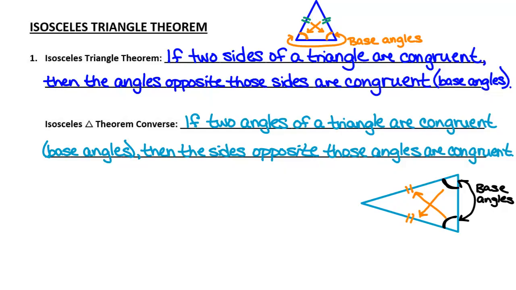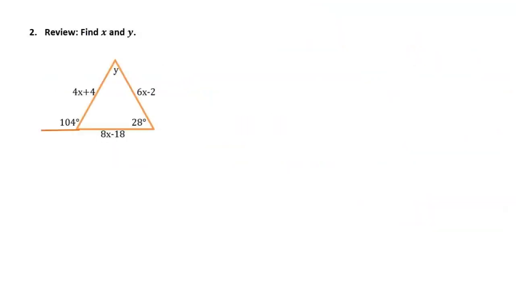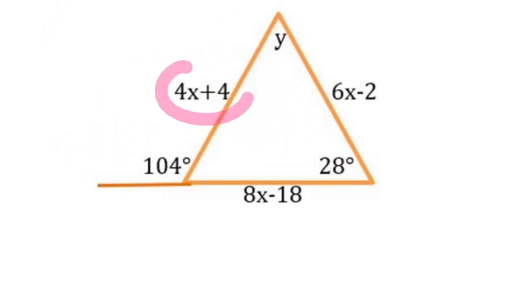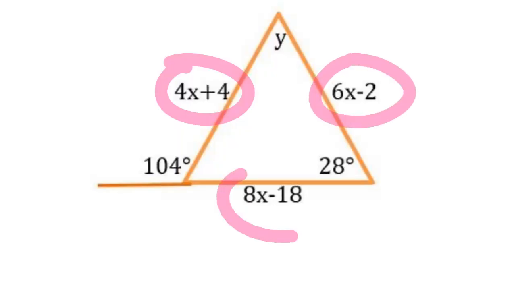All right. Let's see if we can solve a problem. Number 2 says to find x and y. So I have a problem when it comes to finding x because I see an x here, here, and here. But I don't know if any of those sides are the same size.